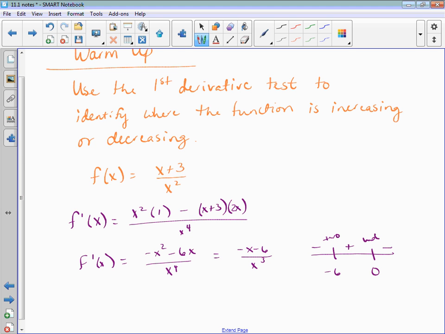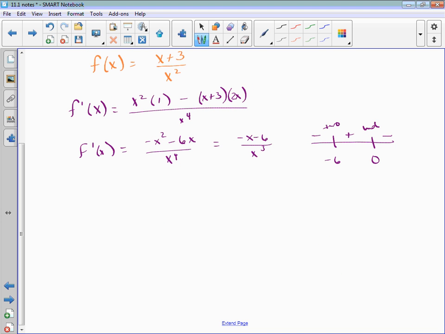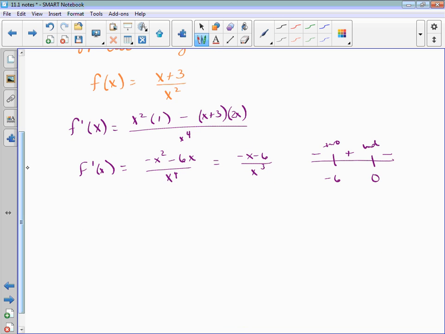Okay. All right. So what does that tell me if I've got a negative, positive, negative? Increasing, decreasing? So where is it increasing? Where is it decreasing?